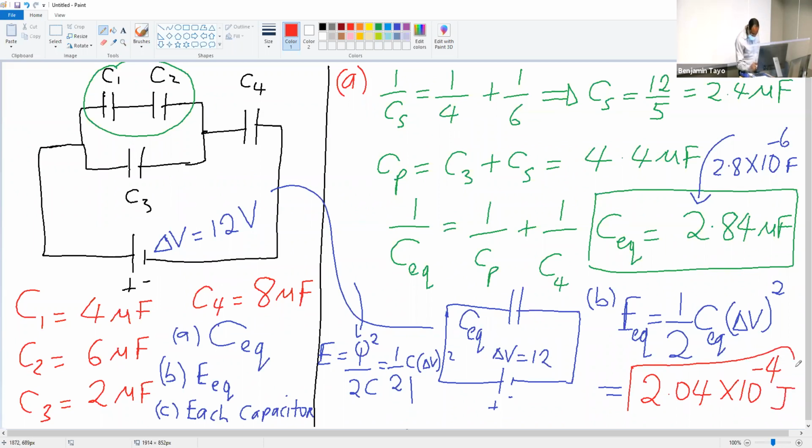Why do you not have to square the C equivalent too? C equivalent times delta V is Q, and you have to square all of Q. Yeah.